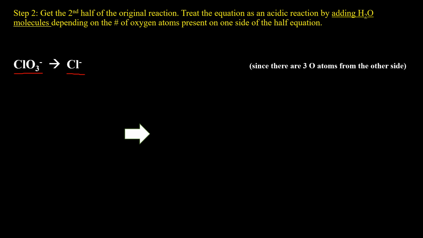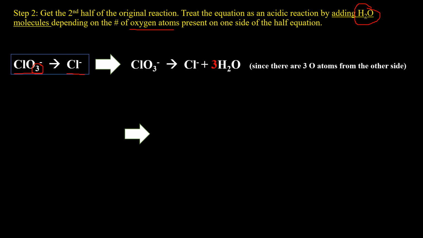So it says in here that we need to add water molecules depending on the number of oxygen atoms. Since there are 3 oxygen atoms on the reactant side, we also need to add 3 water molecules on the opposite side, the product side.